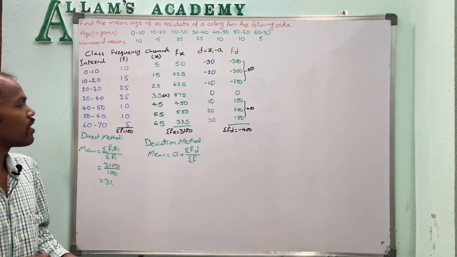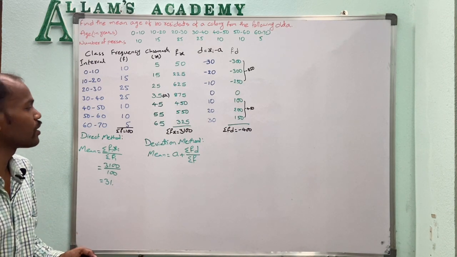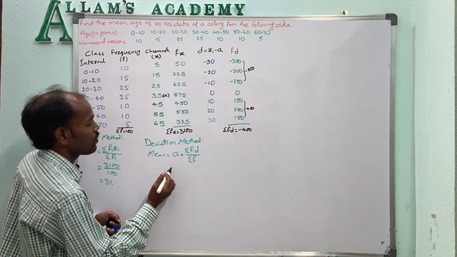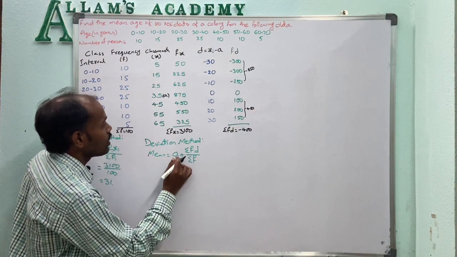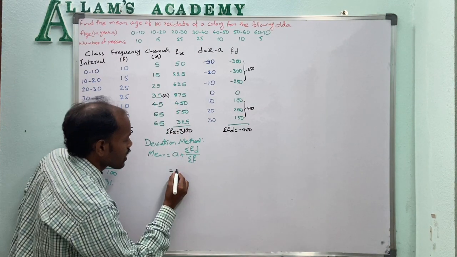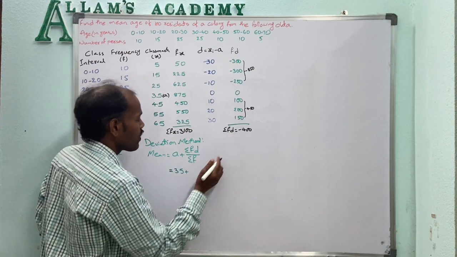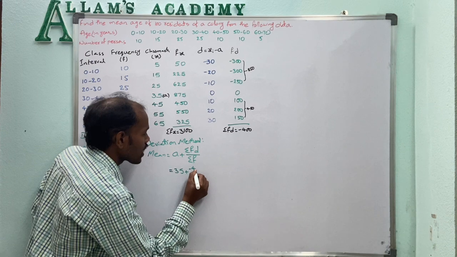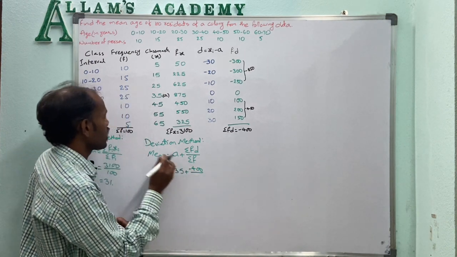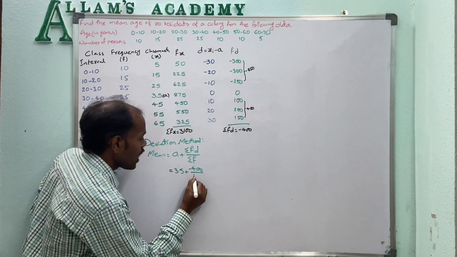Now substituting these values in the deviation method formula to find the mean: a equals 35 plus summation FD, which is minus 400, by summation F, which is 100.